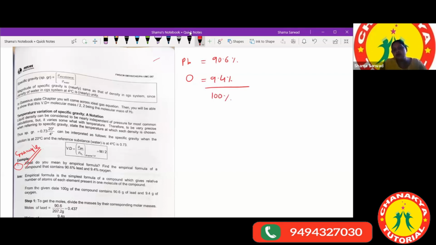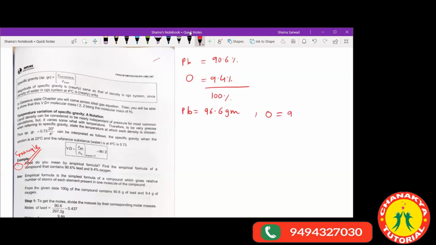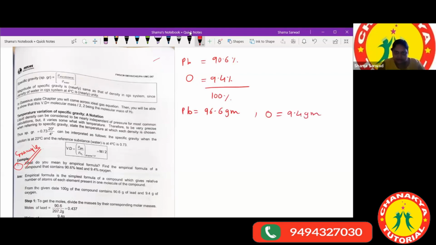Now what you come to know is that it is 100%, which means there won't be any other extra atom present in the given formula, right? So the Pb percentage is 90.6, so it consists of 90.6 grams out of 100 grams, and oxygen is equal to how much? 9.4 grams out of 100 grams.